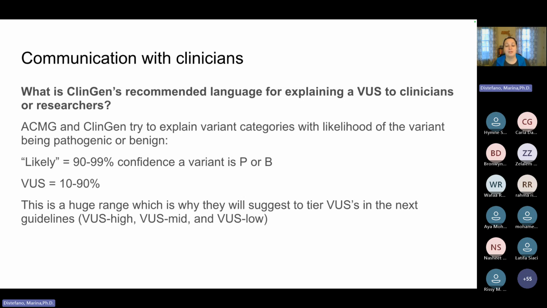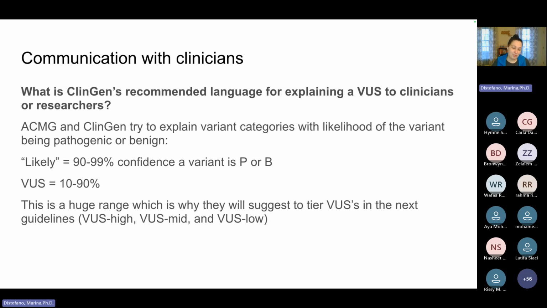In many situations, in the literature, we've shown that likely pathogenic variants move to pathogenic over time. Same thing with benign variants. If you're saying something's likely benign, it's 90 to 99% certain in your eyes that it's going to be benign. And we've shown that many likely benign variants move to benign over time.